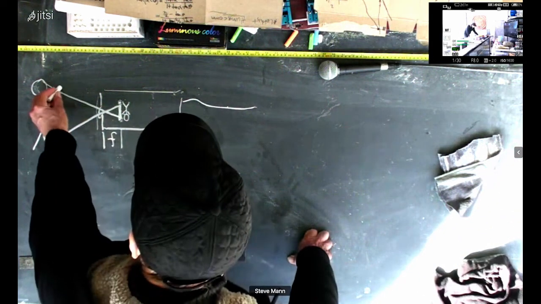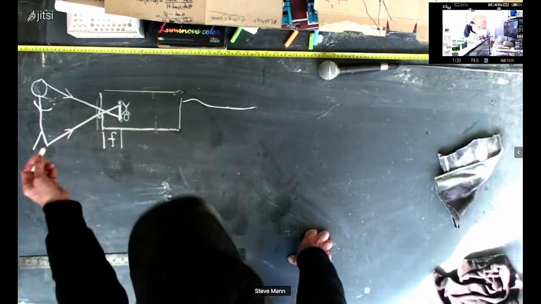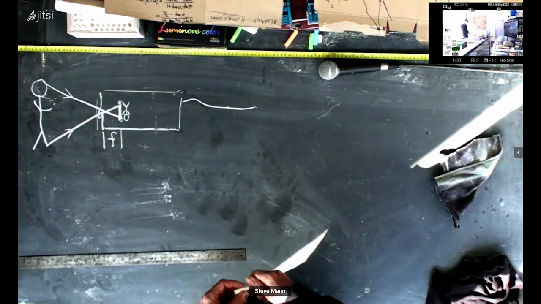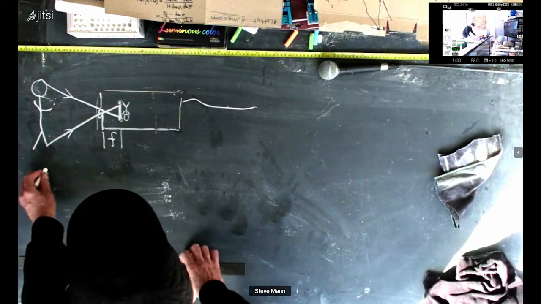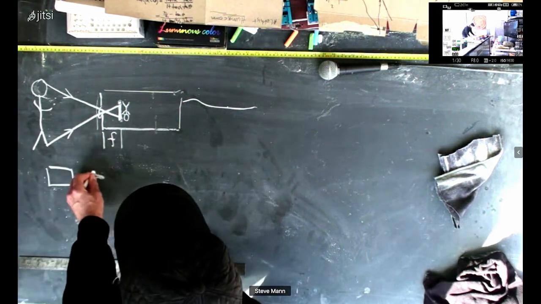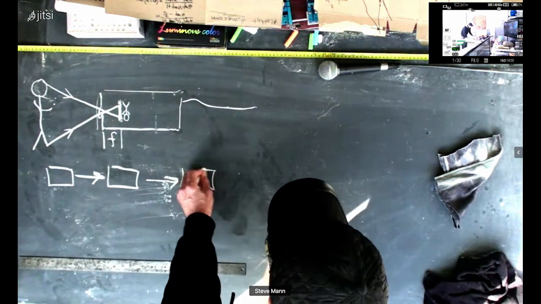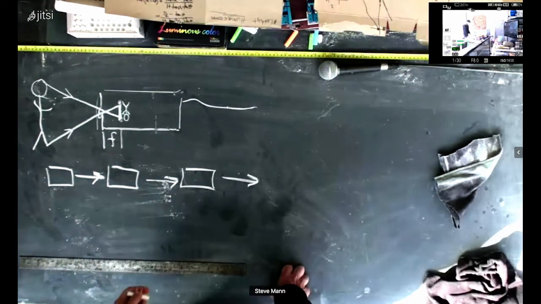And usually when we draw things, we draw from left to right. Diagrams move from left to right and top to bottom, the way that we write. Something is here, and then something is here, something is here, and so on. And we prefer to understand and see things from left to right.